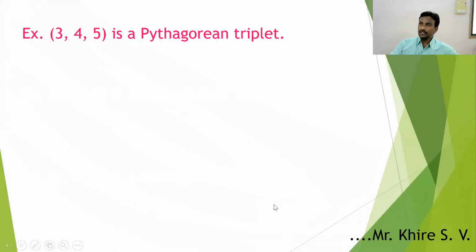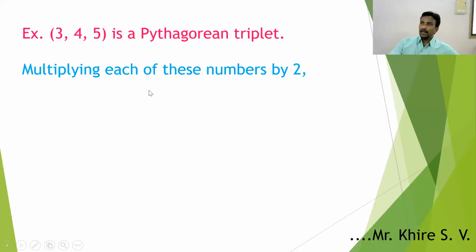Now for example, if 3, 4, 5 is a Pythagorean triplet, then by multiplying each of these numbers by 2, what is the answer? 2 times 3 is 6, 2 times 4 is 8, and 2 times 5 is 10.